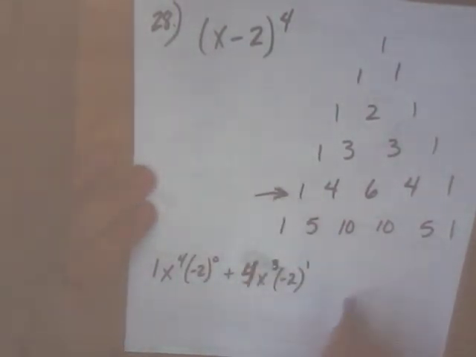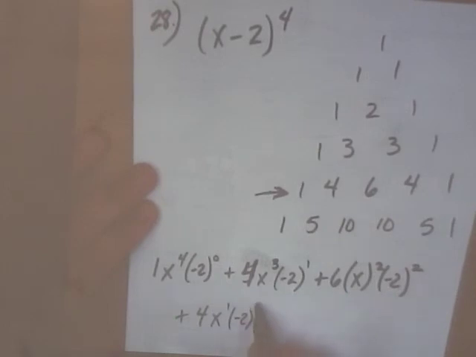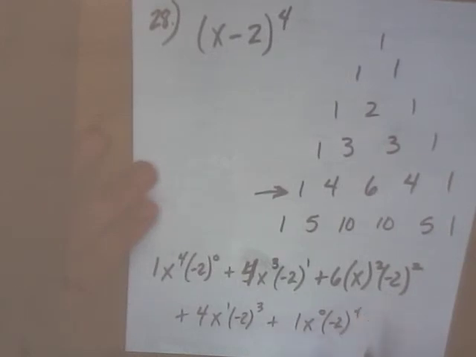And then 6 times x squared, negative 2 squared, and then plus 4, x to the first, negative 2 to the third, and then plus 1, x to the 0, negative 2 to the fourth power.